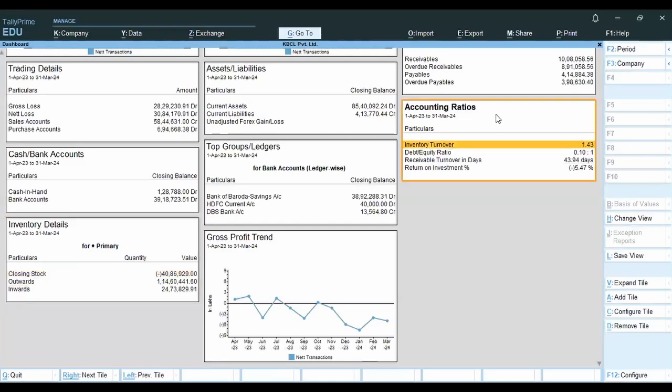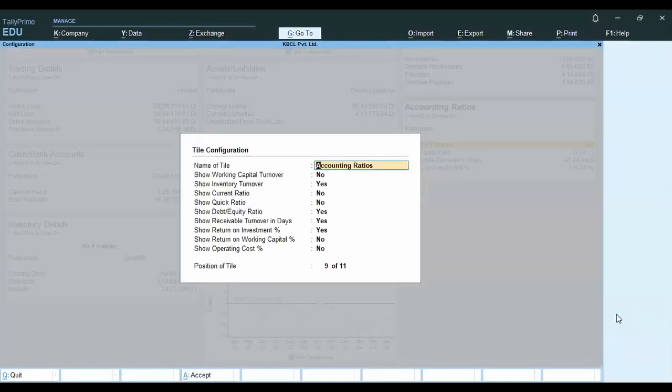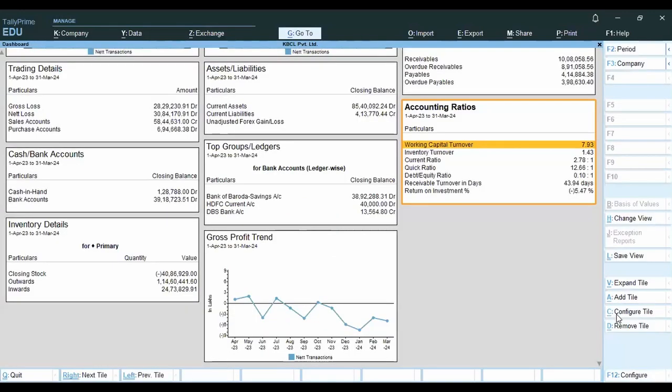I want to say configure tile. Then it will ask me that these are the configuration for tile: accounting ratio, show working capital of company, show inventory, show current ratio, quick ratio, operating position. So this is how the tile gets expanded. That working capital ratio is this, current ratio is this, debt is this, return on investment is this.